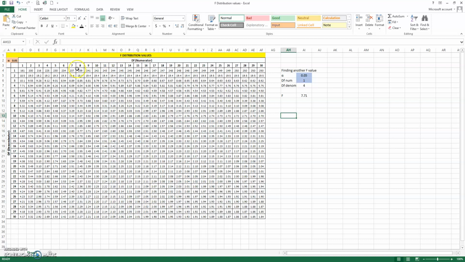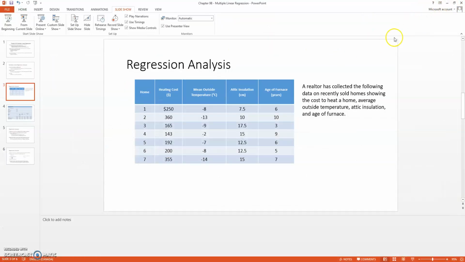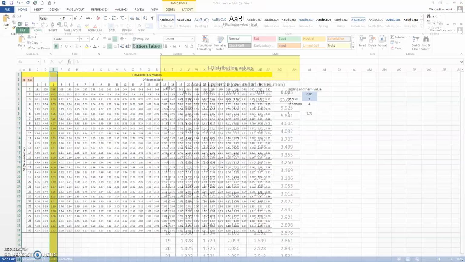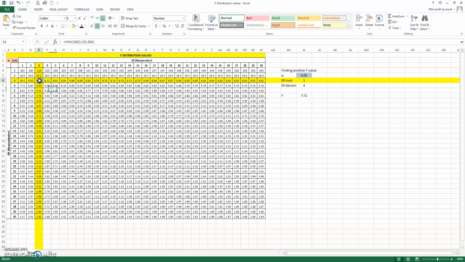We have 3 independent variables, so we're looking at this column. And then it's n minus k minus 1. If we go back to our chart, we'll know that we have 7 observations in total. 7 minus 3 minus 1 gives us 3 as well. So this is the intersection. That is our critical value, 9.28.